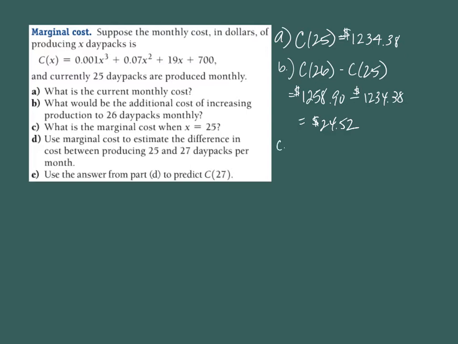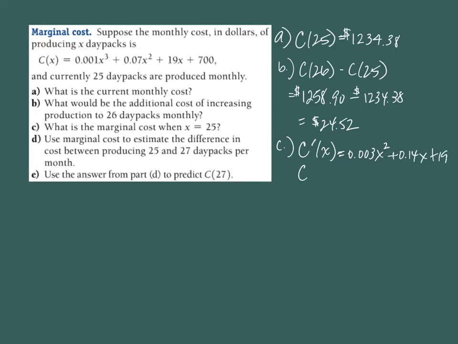Now part C says what is the marginal cost when X is 25? So it's basically saying when I'm at a production level of 25, the marginal cost should be approximately that $24.52. So first things first, we need the derivative. So that derivative would be 0.003x squared plus 0.14x plus 19.